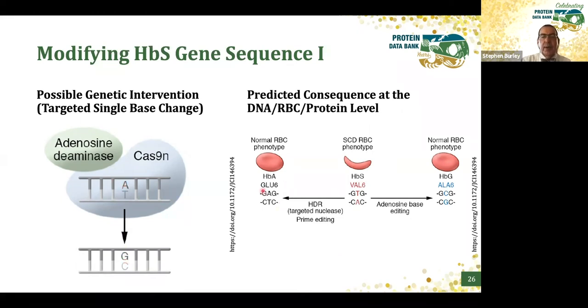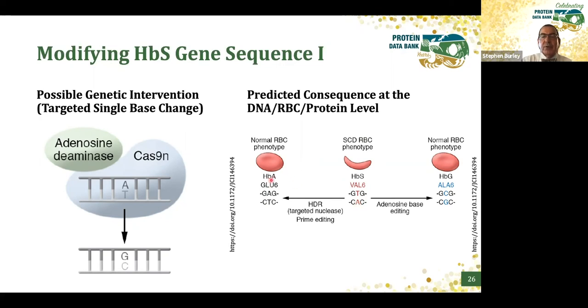So you recall that I told you that in hemoglobin S, at the codon that encodes valine number 6, there's an abnormal TA base pair.